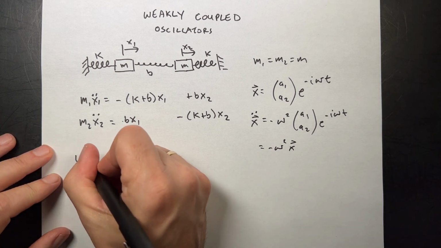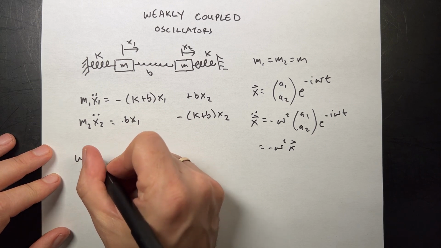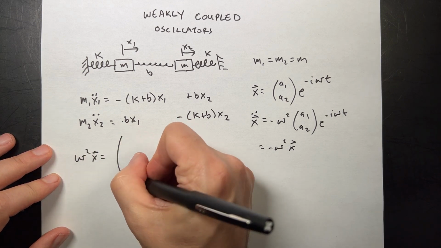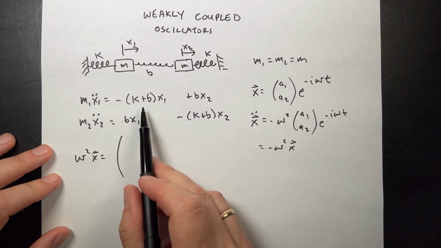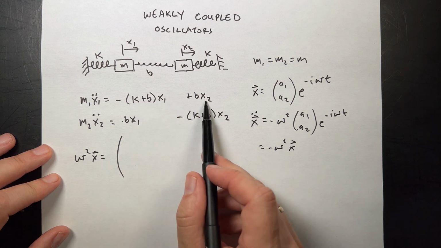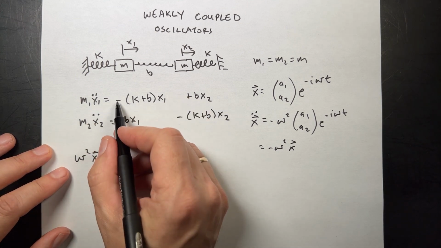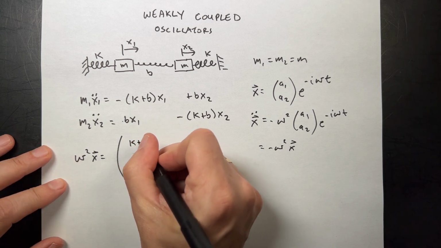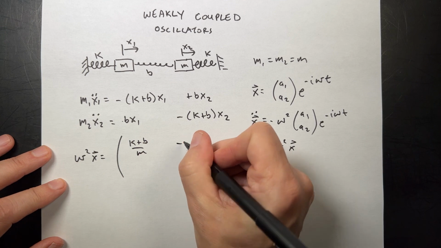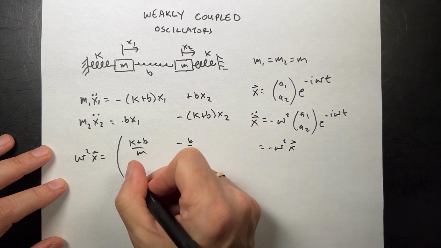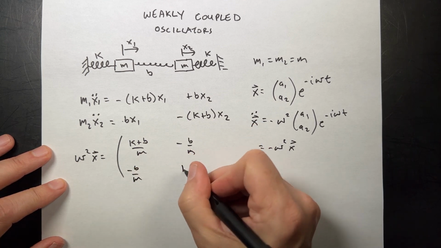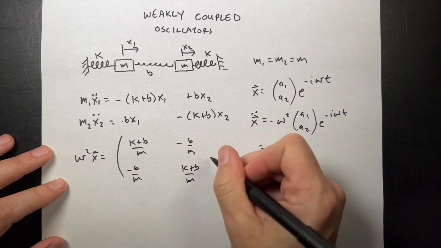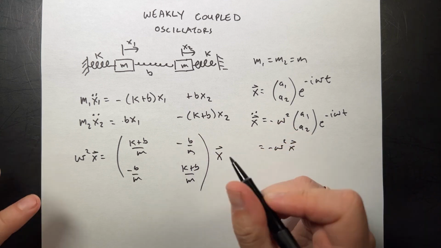I get omega squared times the x vector is going to be equal to, now I can write this as a matrix, because I'm multiplying this by x1, x2. I multiply it by a negative to get rid of that, and I divide it by the m. So this is k plus b over m, minus b over m, minus b over m, k plus b over m, and all of that multiplied by the vector x.